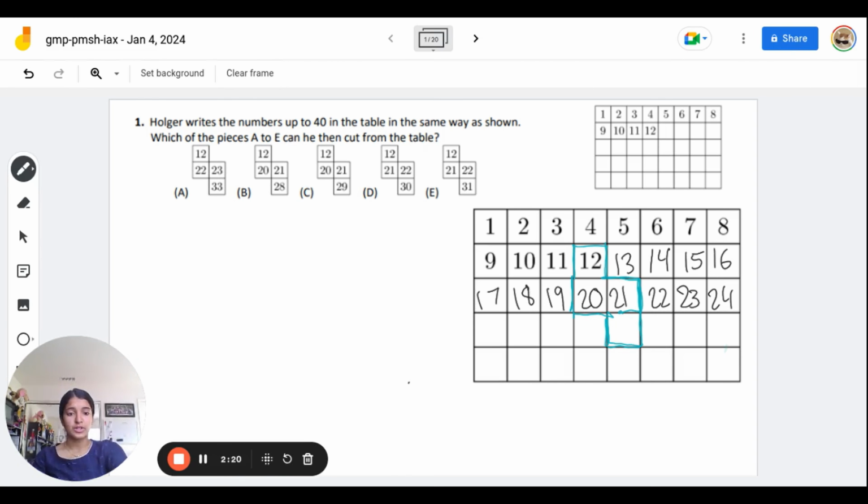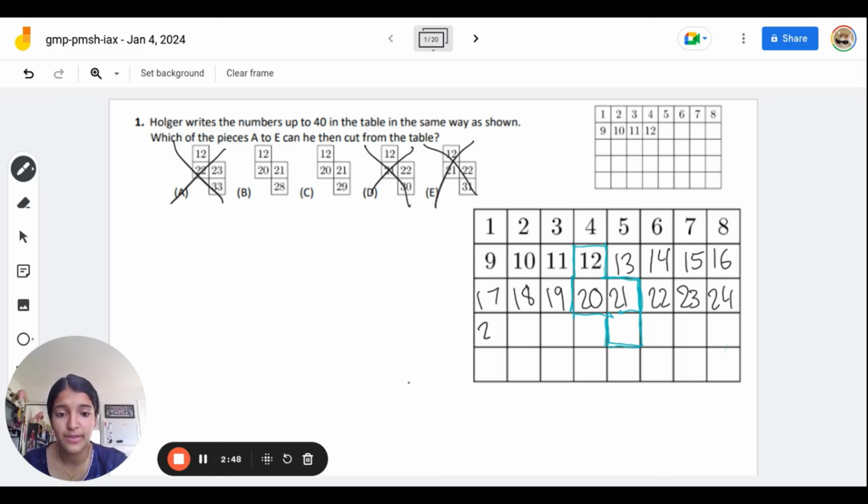So by the time we're done with the third row, we can see that we can already take off some of the options. So for these two boxes, 20 and 21, we can see that some of the options do not fit. Like A does not fit, D does not fit, and E does not fit. But currently we need to choose between B and C. So we still need to keep going.